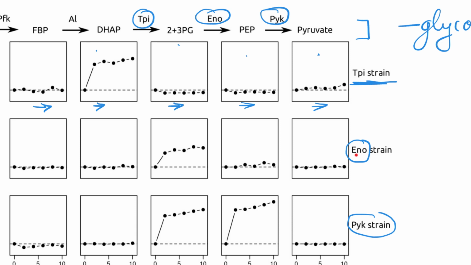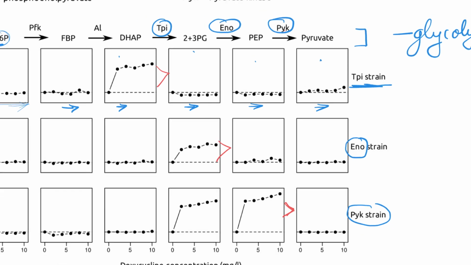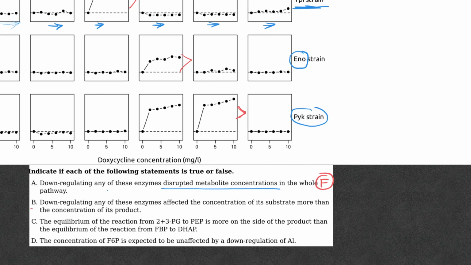In case of ENO, the concentration of the reactant, in this case 2+3 PG, is affected more than the product. So that's true. In case of PYK, once again, yes, the reactant has been affected more than the product. So going back to our question, this is a true statement.